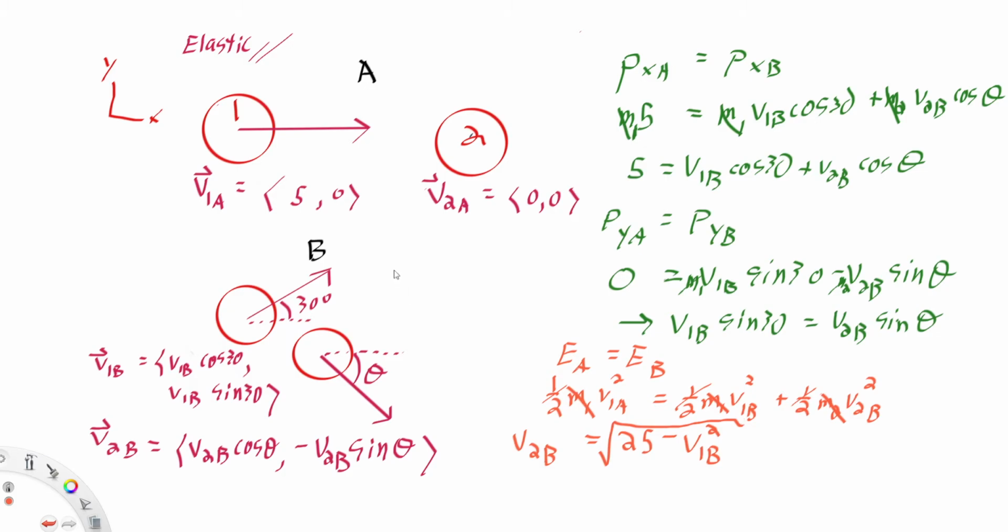So where's the 25 from again? So v1a is 5. So 5 squared is 25. Thank you. No plus or minus. So here, the plus or minus is going to be added based on direction, right?